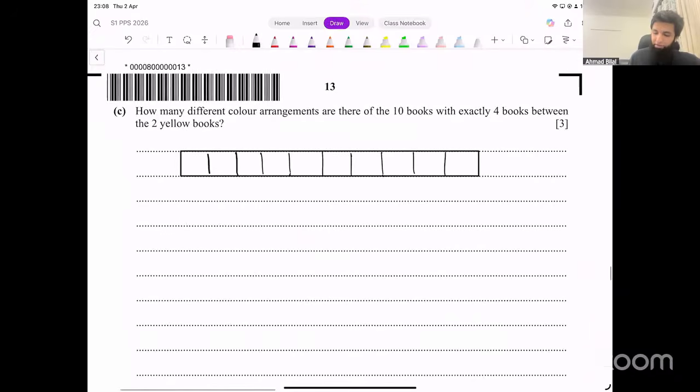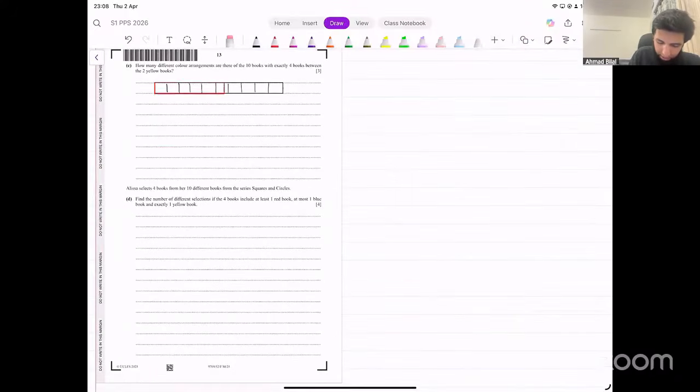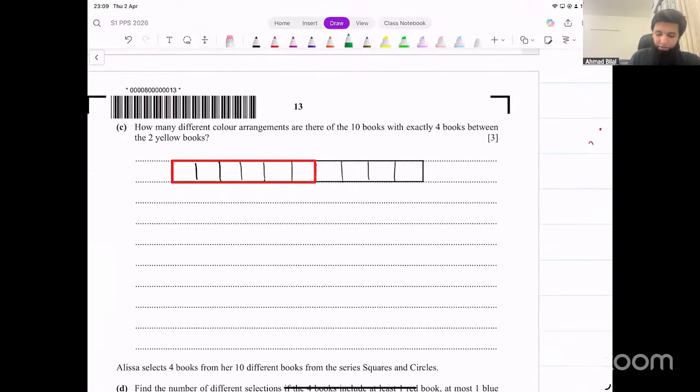Now, what we want is exactly 4 books between the 2 yellow books. So that makes it 6 books in total, right? So we have a big box that has 6 books in it. Now, at the ends of this box, we have the 2 yellow books.